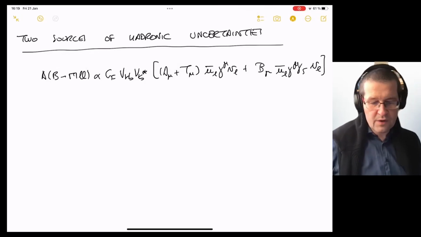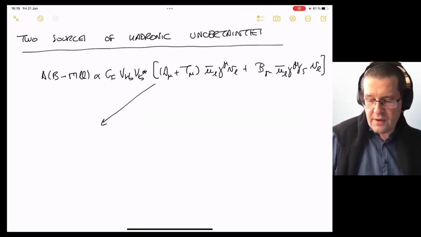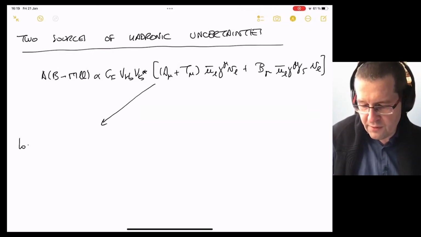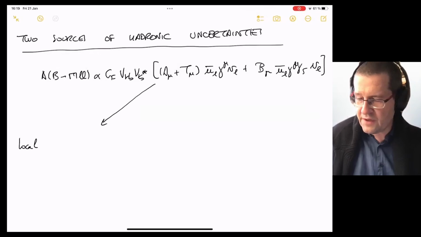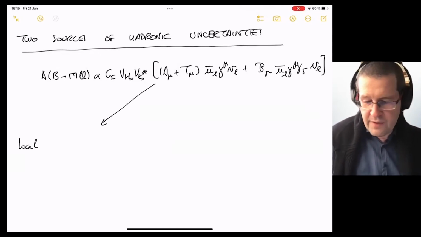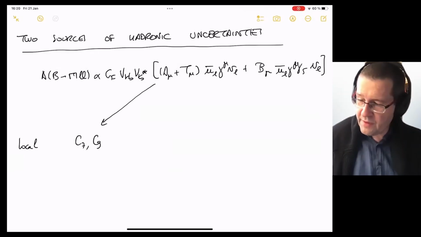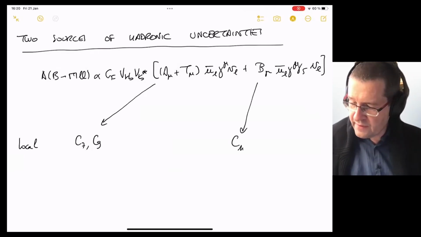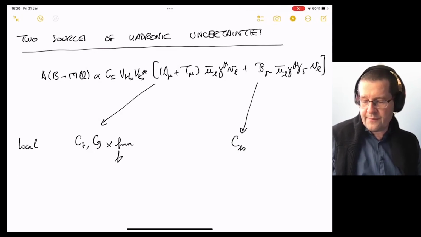And then what you have are couplings which are vector and axial. You've got local contributions. So one which is A mu that is going to be actually involving C7 and C9 here, whereas B mu is going to involve C10 times form factors.